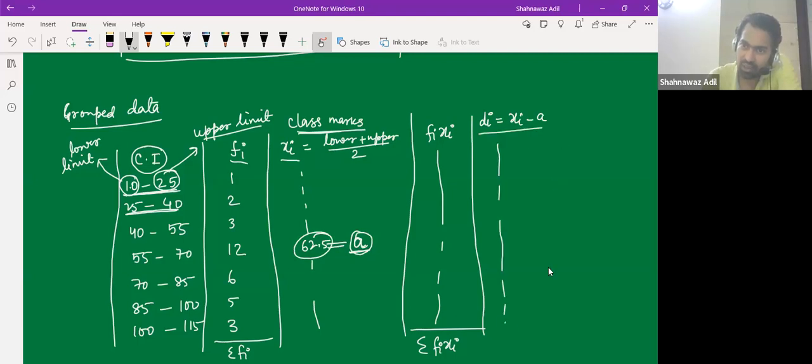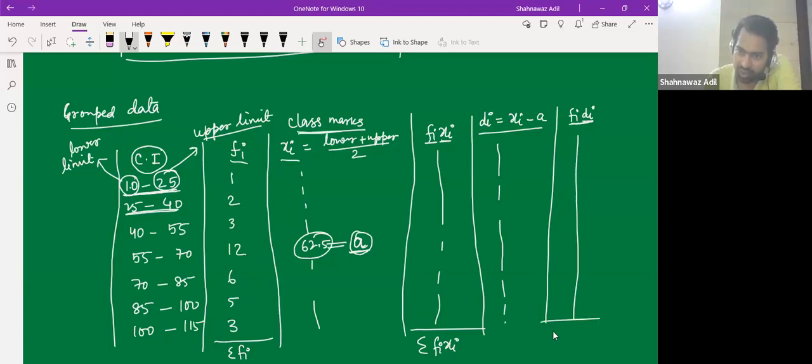From that we calculated all the di's and then we calculated fi and di, the product of fi and di. Just like the product fi xi, we calculated fi di. And then we calculated the total, so the total is summation of fi di, right?